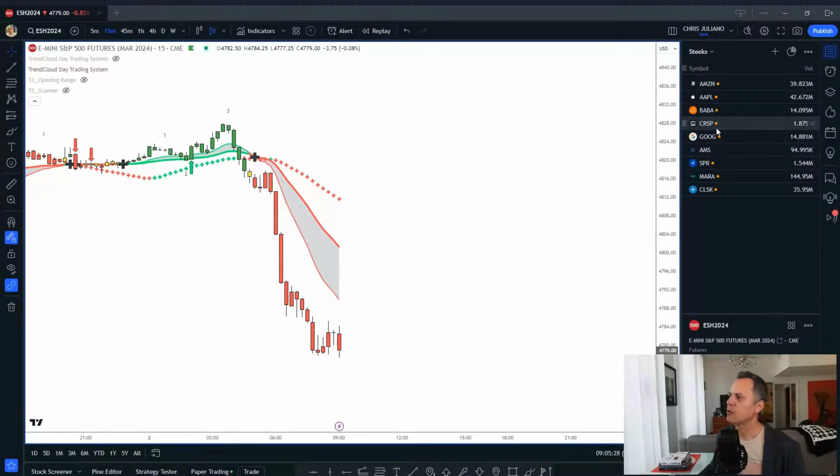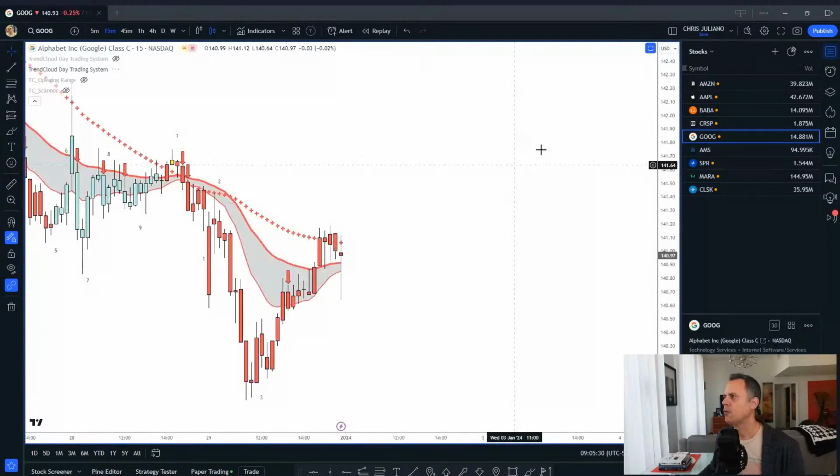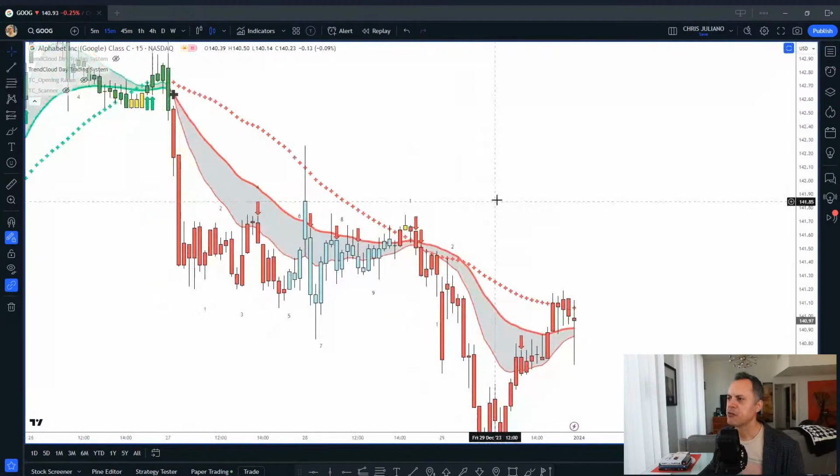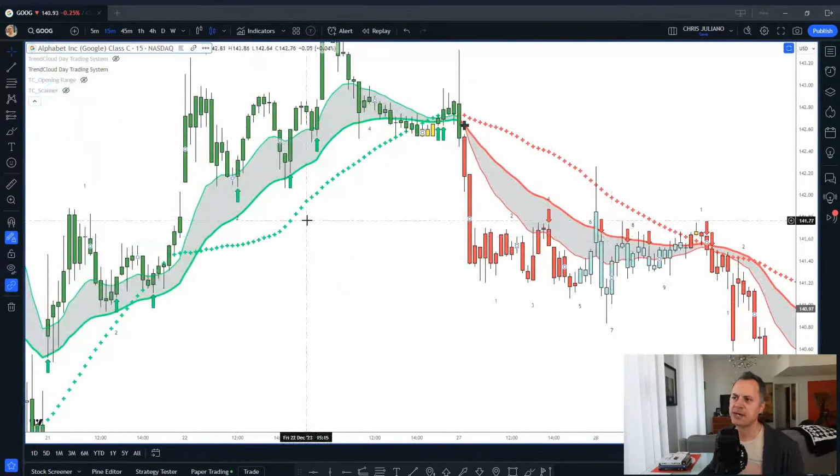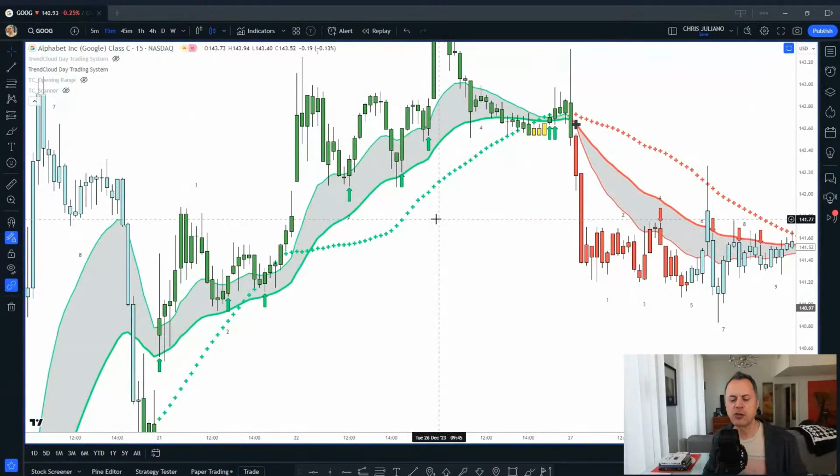So you can go over to Google or Amazon or Apple or whatever, and you can start reading this on stock charts, because we like to accumulate stocks that we want to invest in. So we don't short these stocks. You're not going to short Apple or Google.